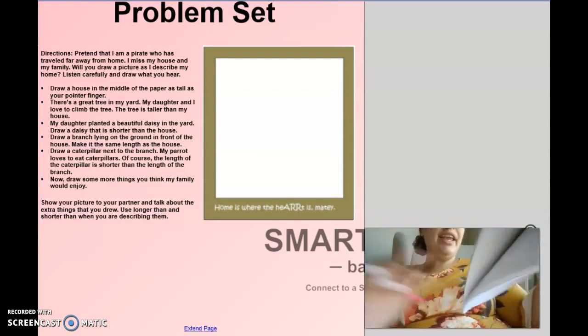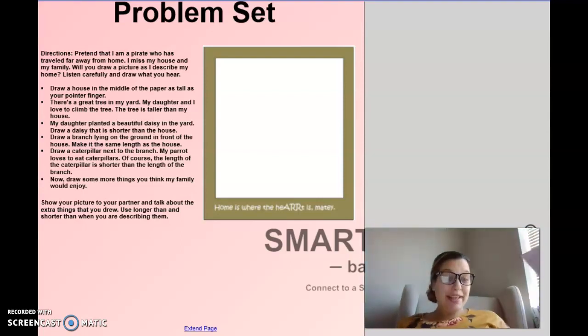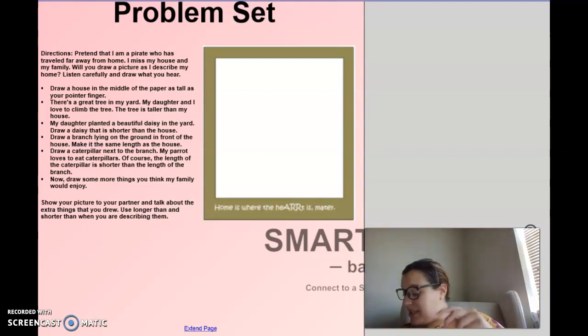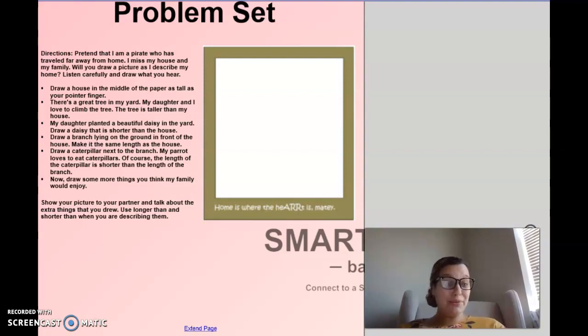Now, here is what I want you to do. You guys did such an amazing job listening and following directions. I do have an exit ticket in your Google Forms because we talked about a lot today. We talked about comparing measurement using terms like shorter than and longer than.